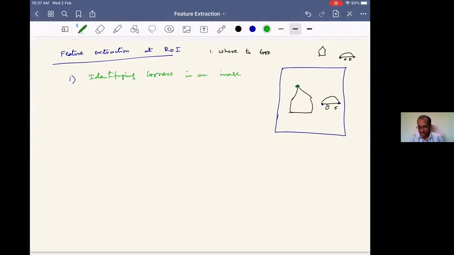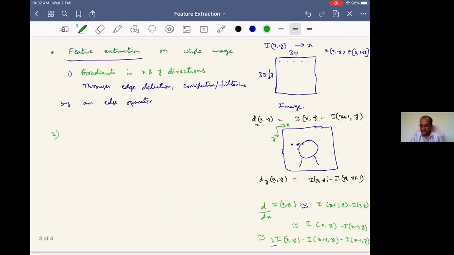See, corners are the points where there is a high intensity variation with respect to the whole neighborhood. From a corner point, if you move this side, or that side, or this side, there is an intensity change. In edges, what is that? The intensity change is only across the direction of the edge. If you move opposite to the direction of the edge, there is a good intensity change.